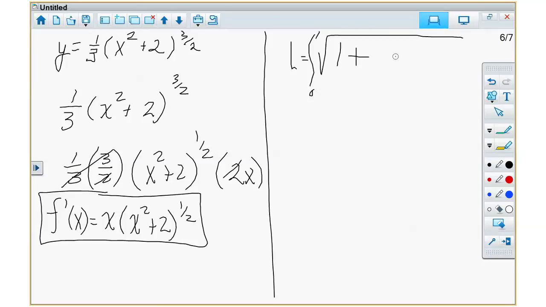Of 1 plus brackets squared dx. And this guy comes in here. Now this is real simple if you do it in the sequence that you need to do it.